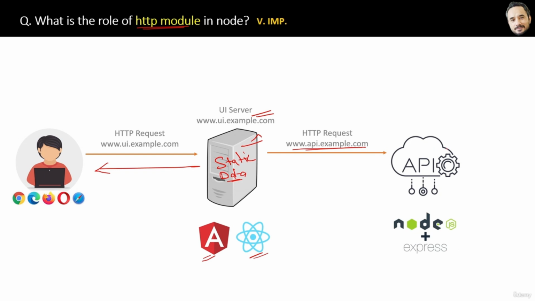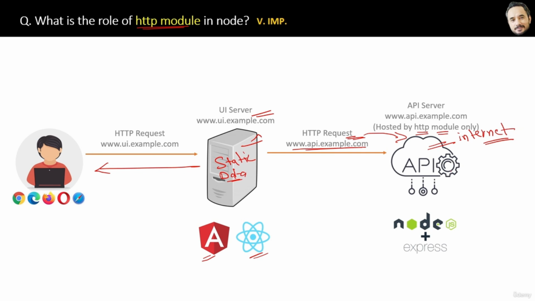Now listen carefully. To be able to receive these requests from the front end, your API must be hosted at some URL address with the port number on the internet, right? So that hosting will be done by the HTTP module.